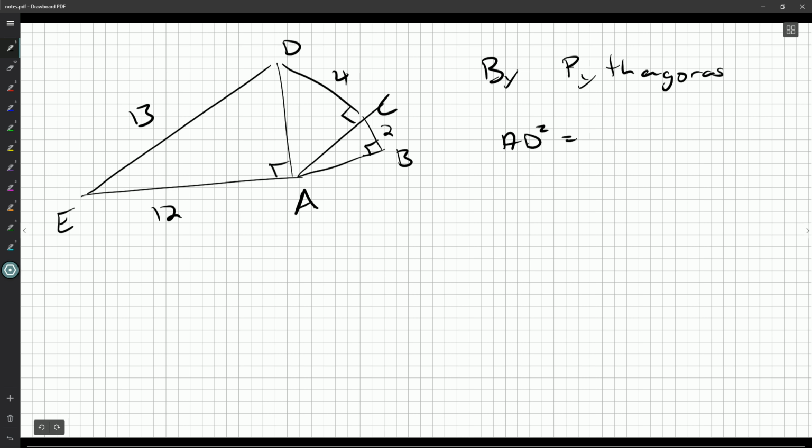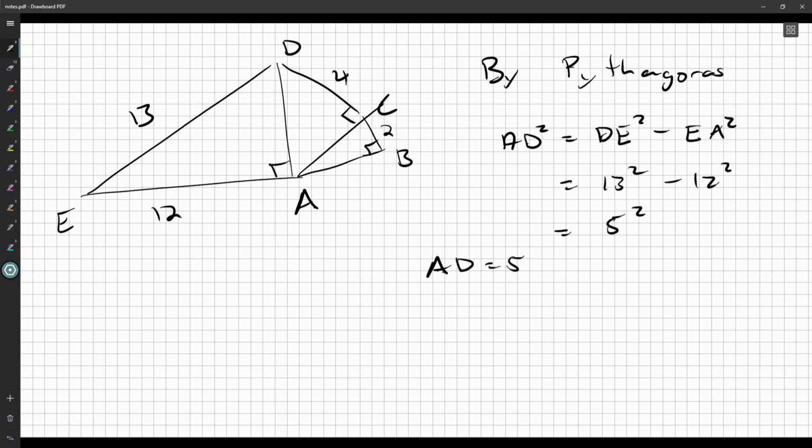But if you're worried about it, you can say DE squared minus EA squared, and then say 13 squared minus 12 squared. And this is just 5 squared, so we can say AD is 5. If you want to write it out, it's 169 minus 144 is 25. But I'm telling you, you don't have to. People can follow along when they read. So we've got this 5 here.